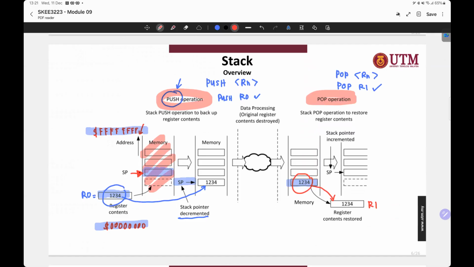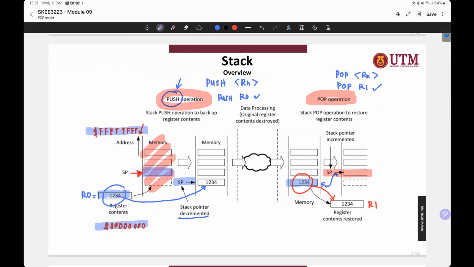And at the same time, the stack pointer is incremented. You see your stack pointer now points to a new address. It incremented from this memory address to a new memory address.